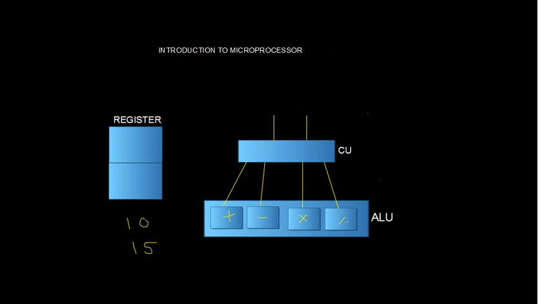That may be addition, subtraction, multiplication or division. We know the computer does not have a mind, it cannot take its own decision. It cannot perform addition or subtraction on its own. You have to tell the computer which operation has to be done.